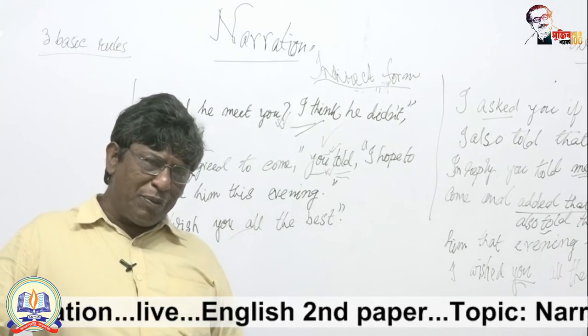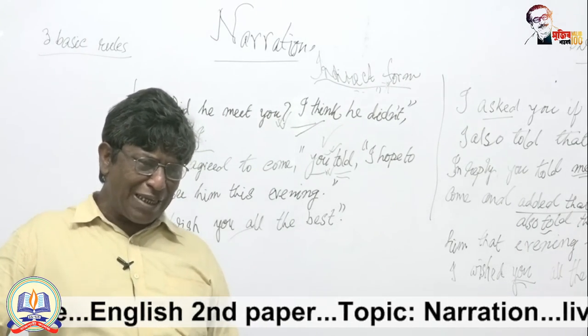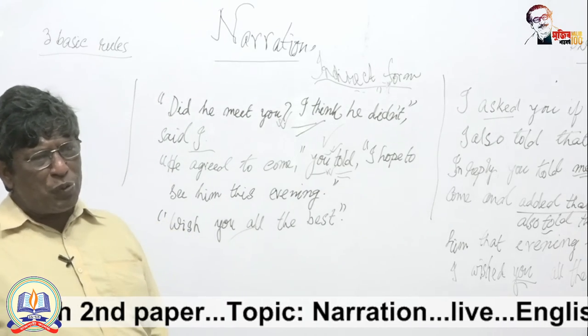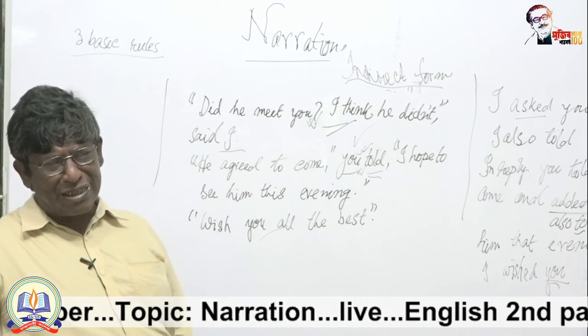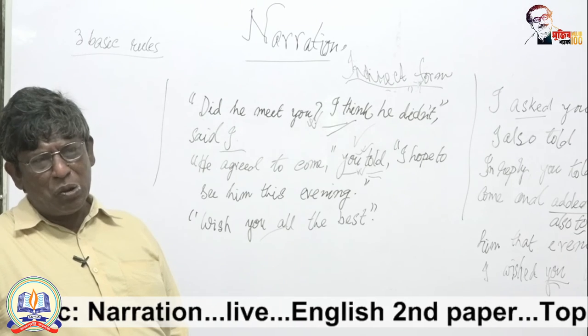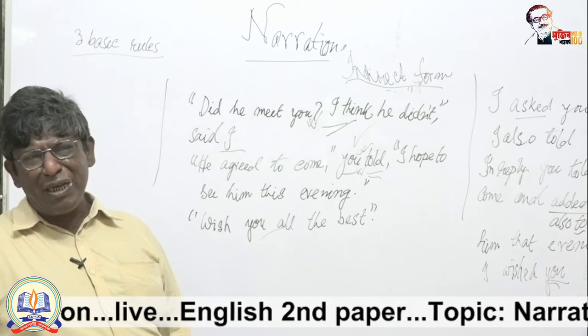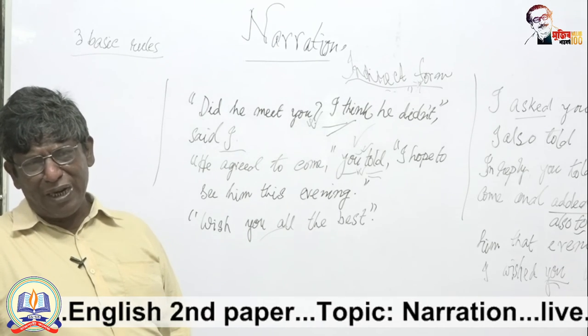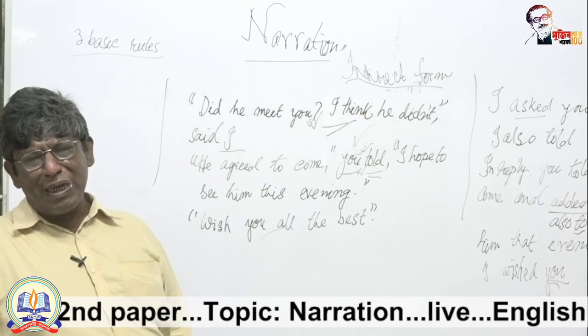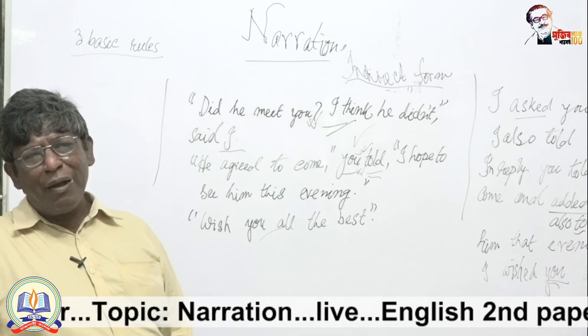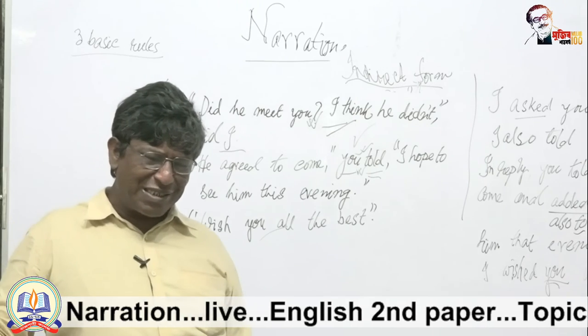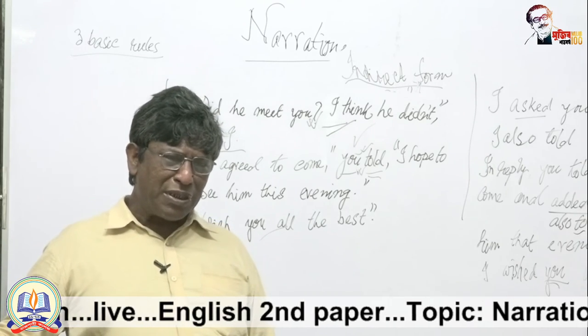You need to remember three things which I wrote on the board before starting this class. First, you need to change the verb say with an alternative finite verb, adjusting with the form of the sentences in the reported speech.